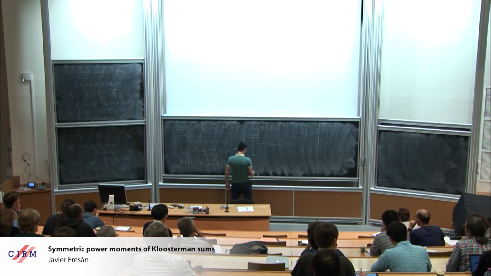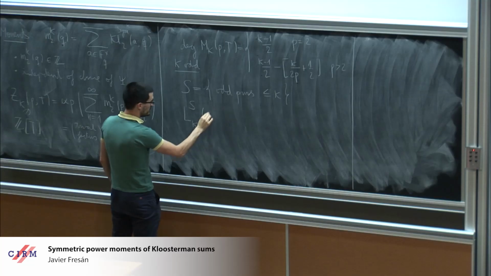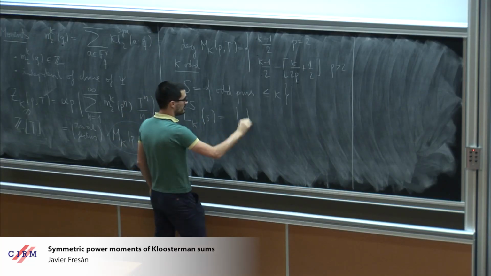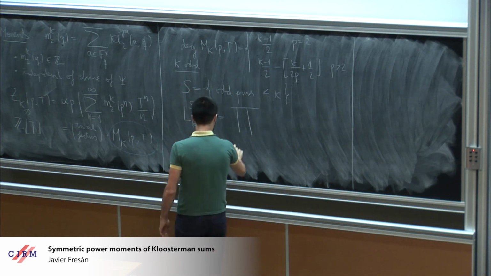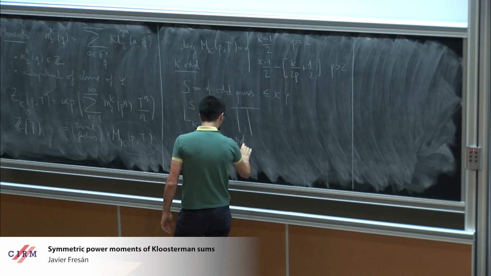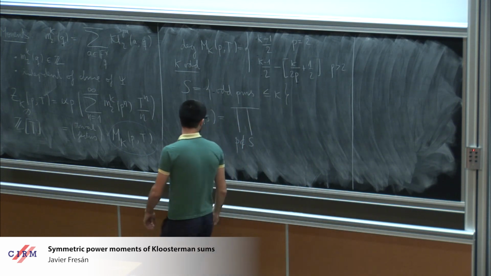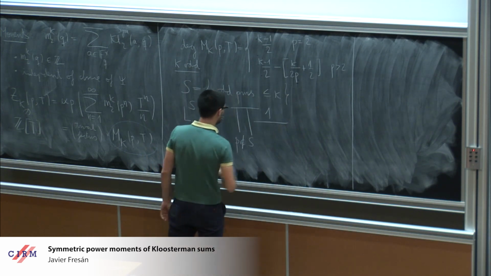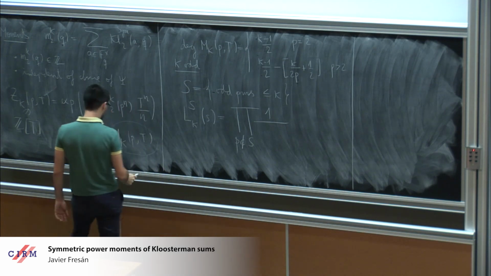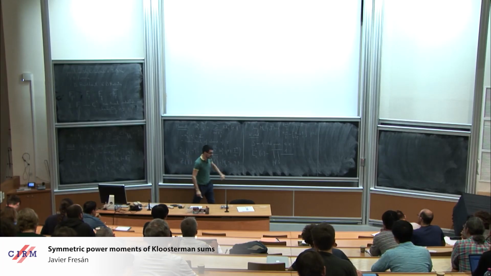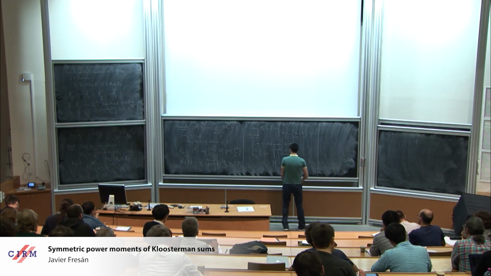Now I want to globalize, and for this I consider the following Euler product, where I take the product over the primes which are not in this set S of bad primes. The local factor is the inverse of this polynomial computed at t equals p to the minus s.